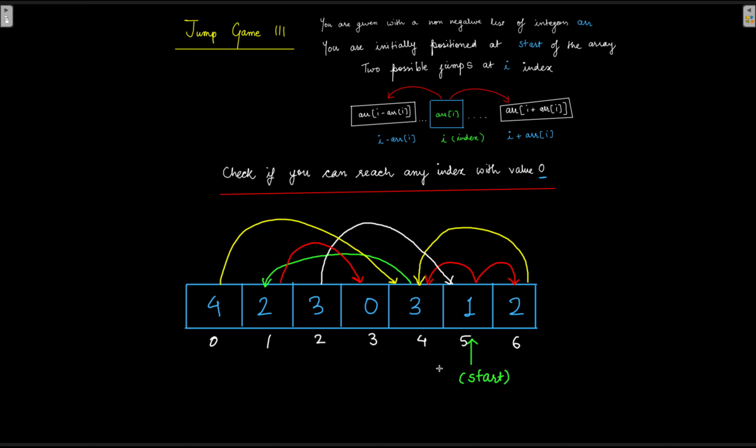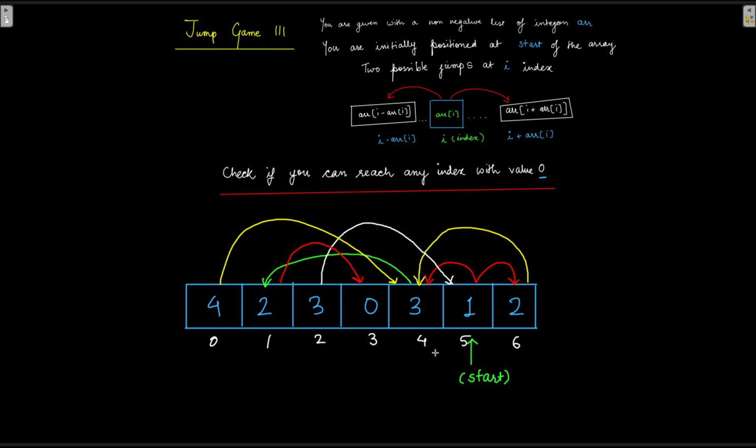And it is given in the question that the start pointer is this one, 5. So we have to start from 5, and we have to look for a position in this array so that when we start from here and follow this path, we reach a point where the value contained is going to be 0.